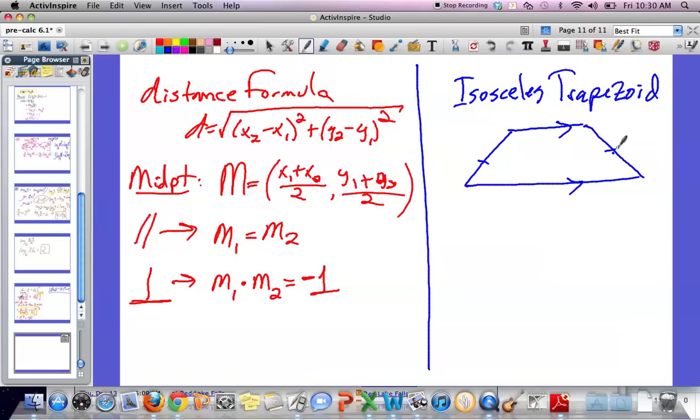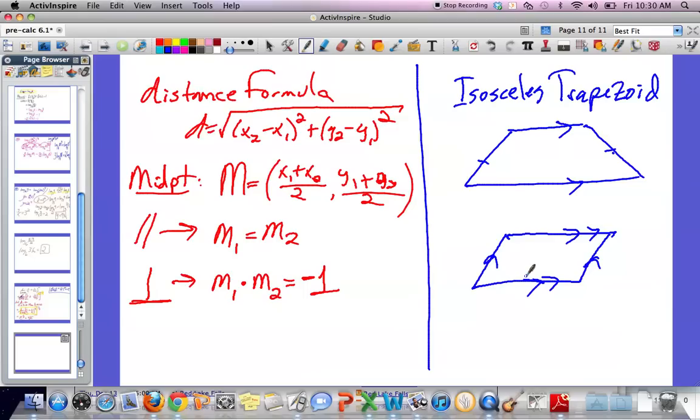If you wanted to prove something is a parallelogram, you guys know a parallelogram is just a rectangle that a fat guy leaned on? Right? A parallelogram, opposite sides are parallel, and opposite sides are also equal in length. How about a rhombus? Do you know what a rhombus is? They're going to come up.